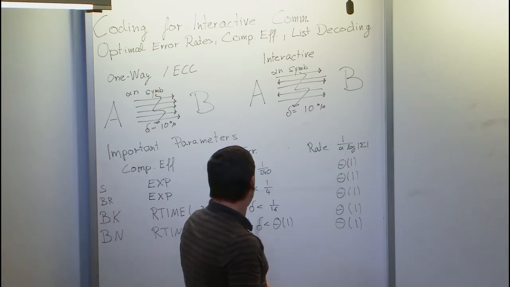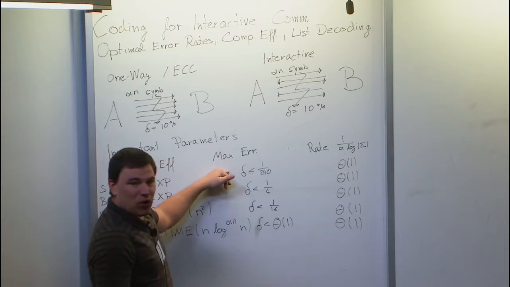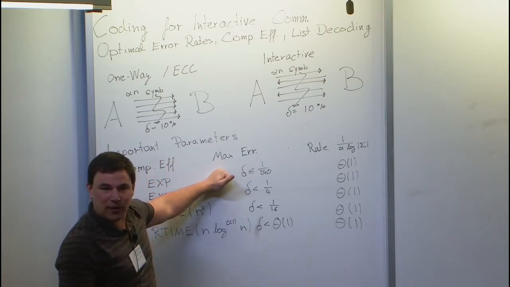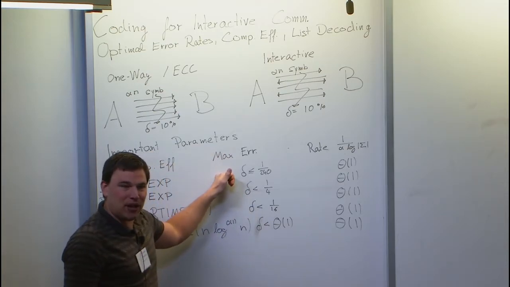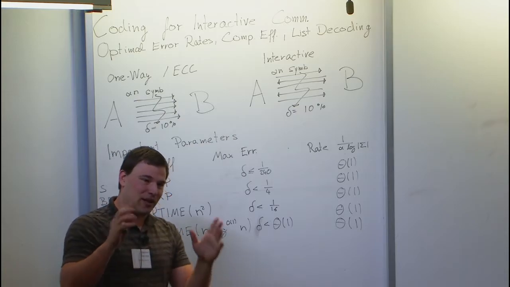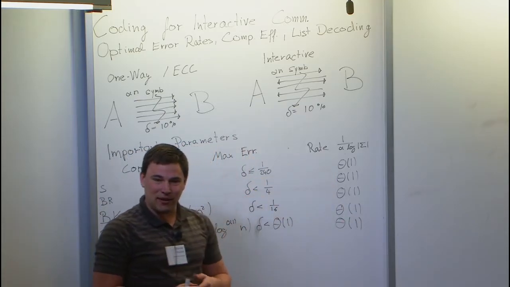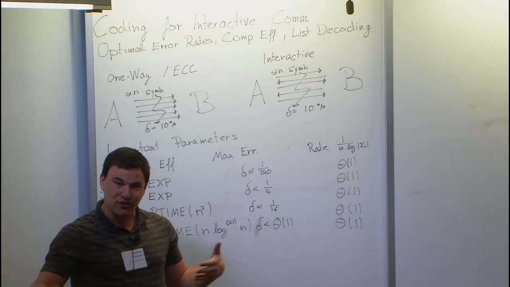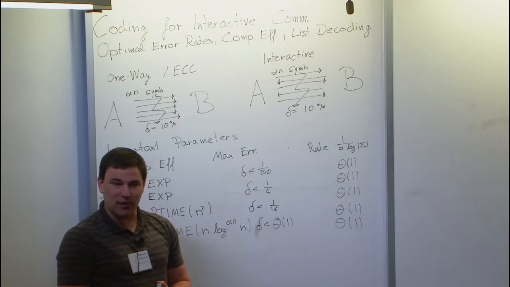And then the next question we can ask, maybe, is what's the maximum amount of errors that we can tolerate? Or if we talk about rate, up to what error rate can we at least get some constant rate? If we don't know exactly how the trade-off between error rate and communication rate is, maybe we can at least determine the maximum amount of noise that we can tolerate.